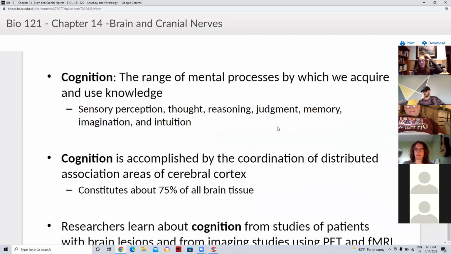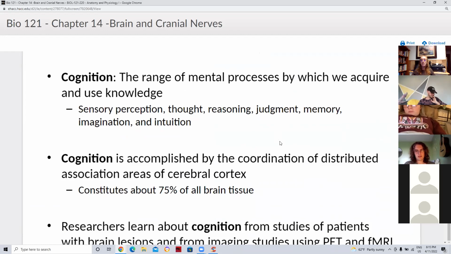So cognition is the range of mental processes by which we acquire and use knowledge. It involves sensory perception, thought, reasoning, judgment, memory, imagination, and intuition.